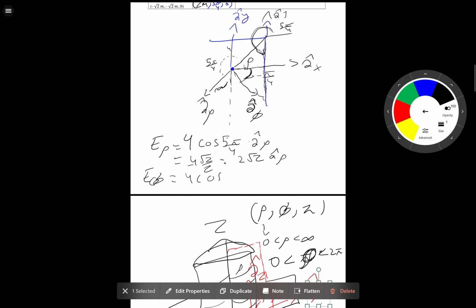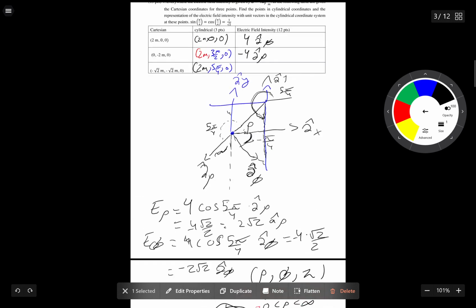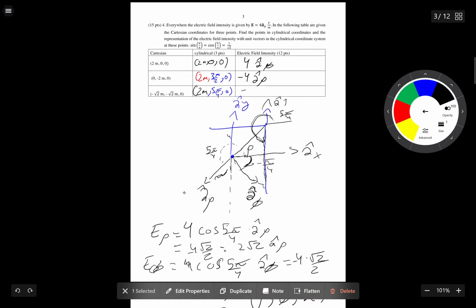But I guess it's just going to be 4 cosine of pi over 4, and we multiply it with the a sub phi direction. This gives us 4 times root 2 over 2, which is just going to be negative 2 root 2 in the a sub phi direction. So we have our components as negative 2 root 2 in the a sub rho direction and negative 2 root 2 in the a sub phi direction.